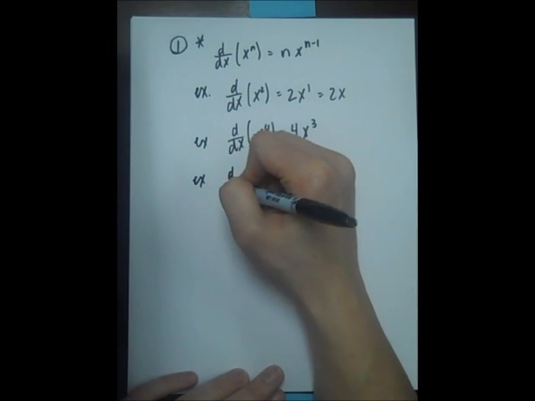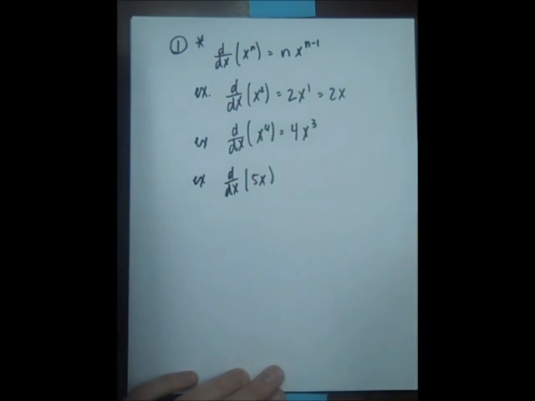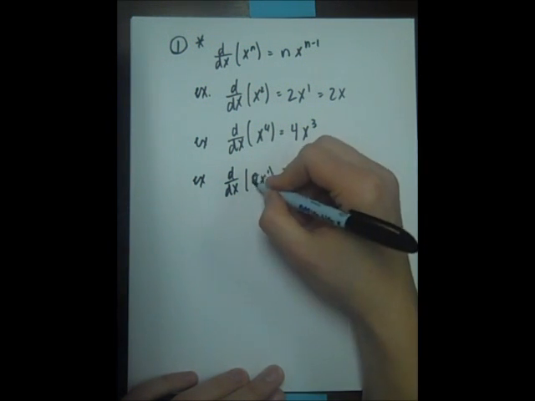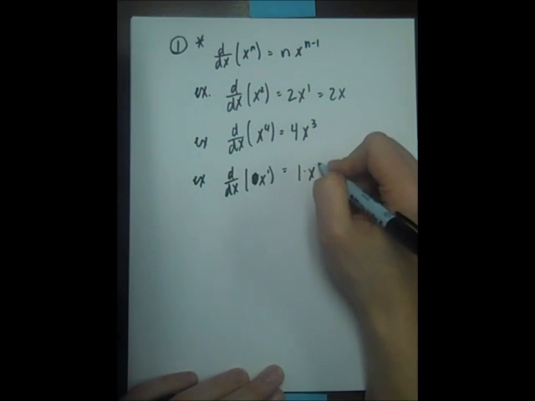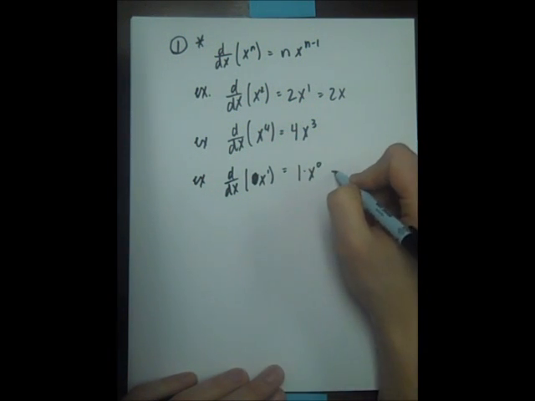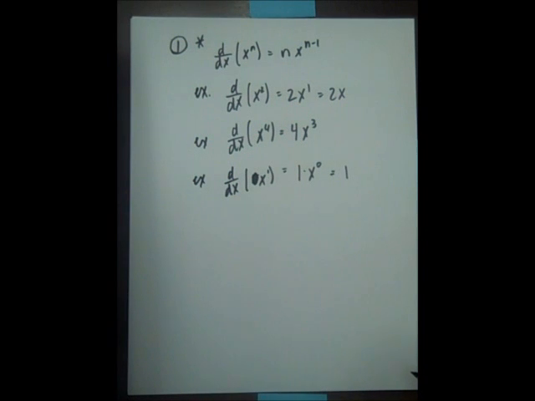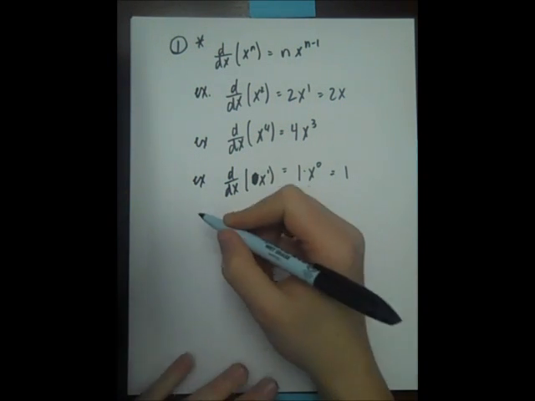What about the derivative of x? Really, we don't write it, but there's a 1 there. Bring down your 1, subtract 1, so I get 0. So I'm just left with 1, because anything to the 0 power is 1.